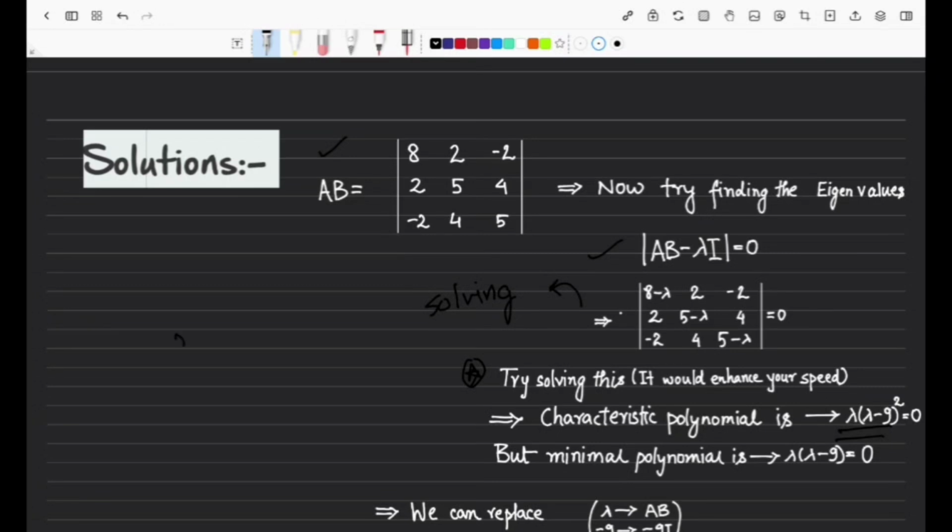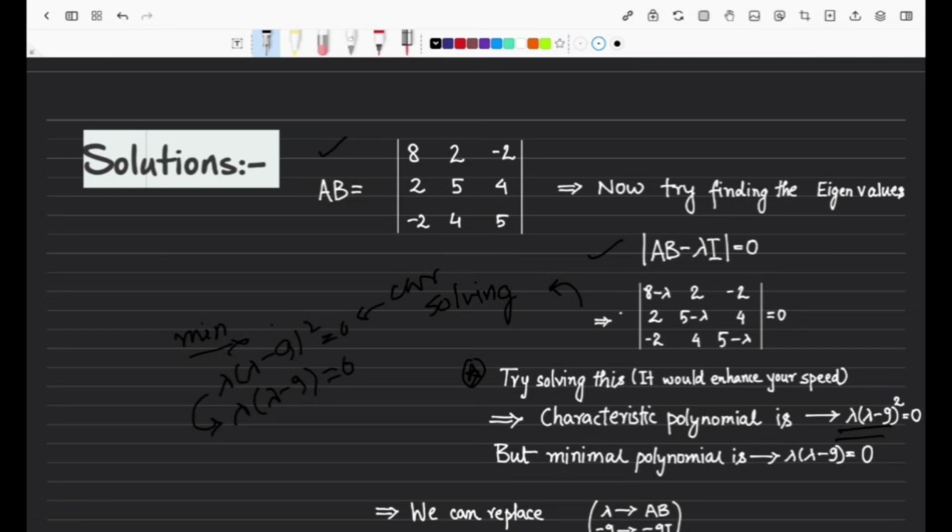And what is a minimal polynomial? The minimal polynomial is the polynomial with single powers. As in the given question, this one is the characteristic polynomial, and the minimal polynomial to this would become lambda into lambda minus 9 equal to 0, right? This is the minimal polynomial. You should only take one root of each kind.